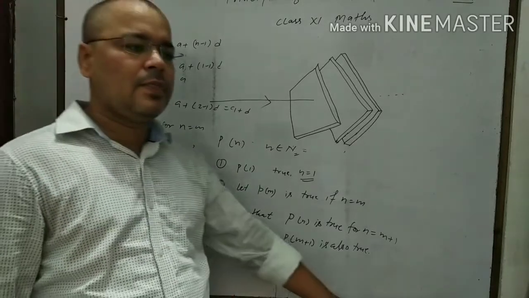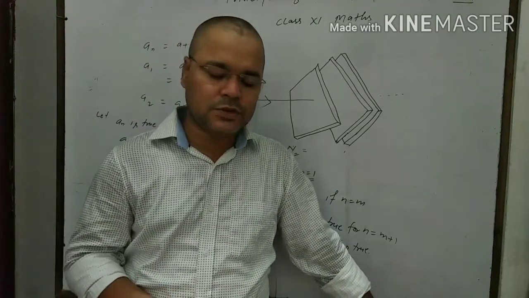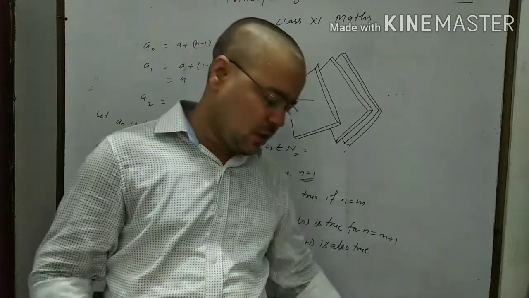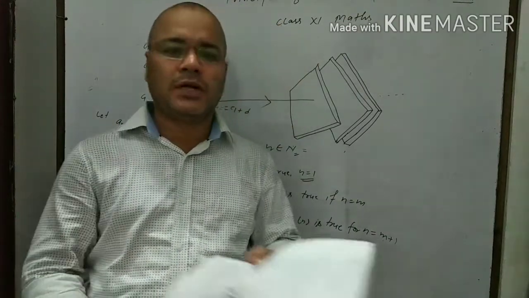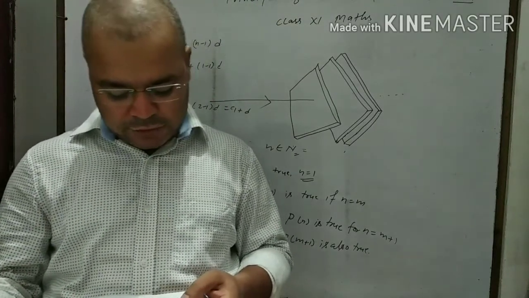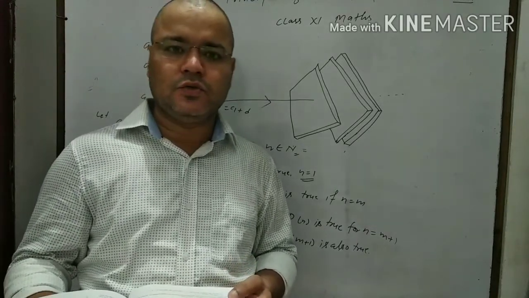Means if any statement is true, then that statement will be true for n equal to 1 also. And we should assume the result to be true for n equal to m also.